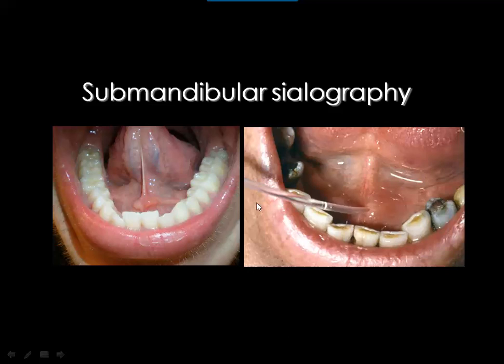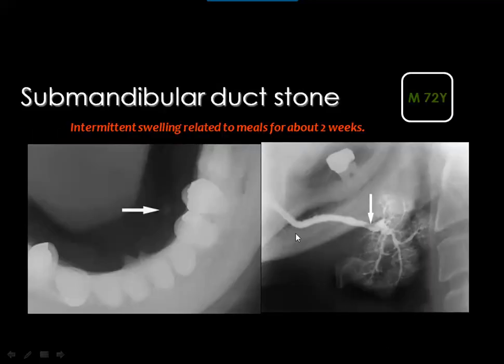Then you push the sialography catheter in the desired side, then you inject contrast media, and you can have this appearance. This is the main submandibular duct, and near its distal branch you can see a filling defect, which corresponds to a stone that was detected in the plain X-ray of the submandibular region, which is used to be called the occlusal open mouth view.